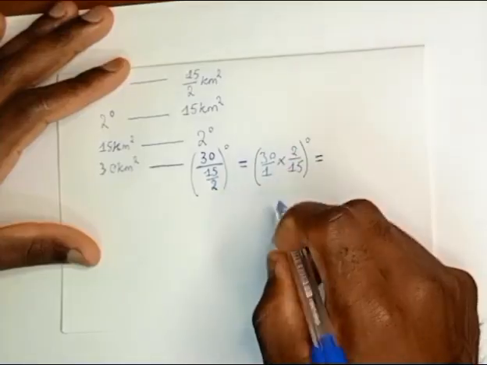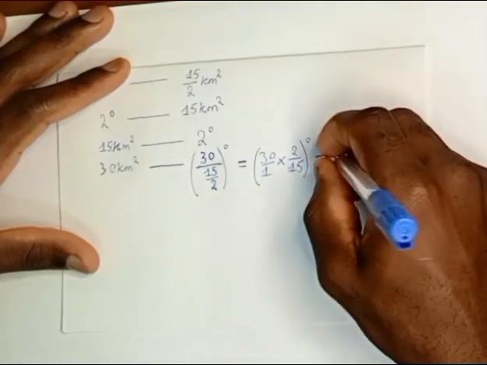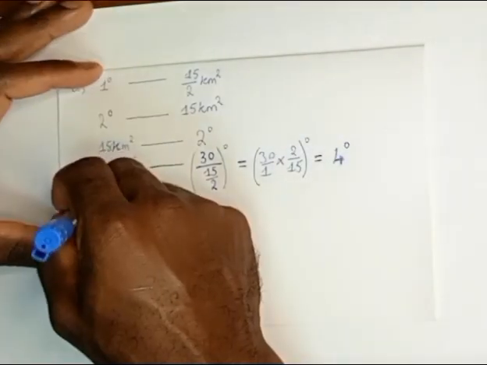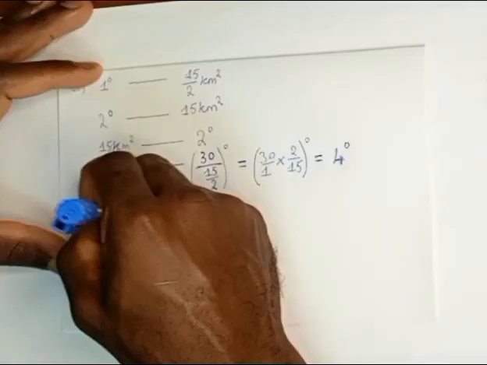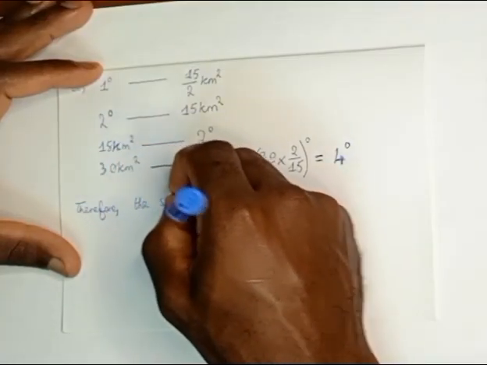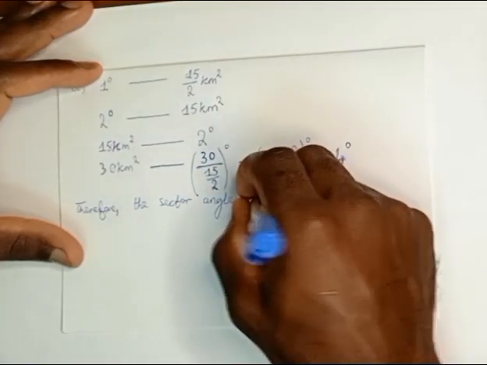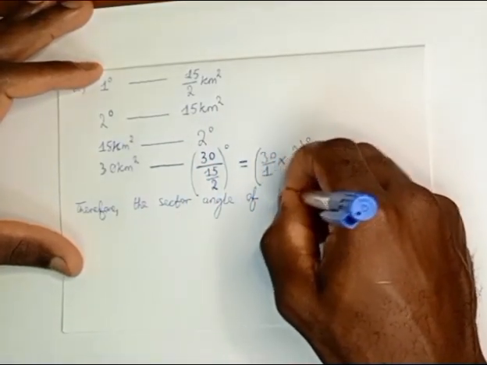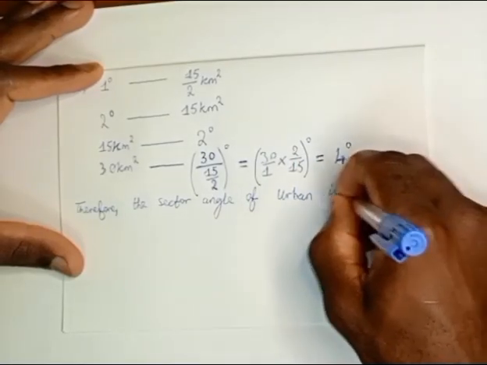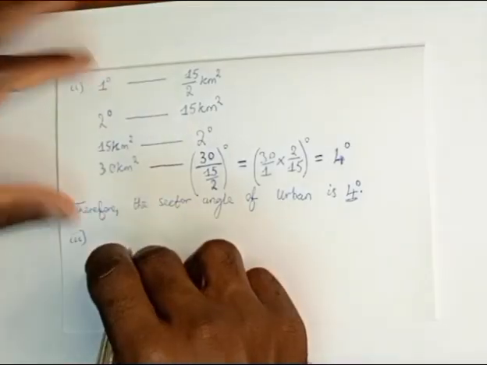This will be equal to 30 divided by 15 gives us 2, times 2, gives us 4 degrees. Therefore, the sector angle of urban is 4 degrees.